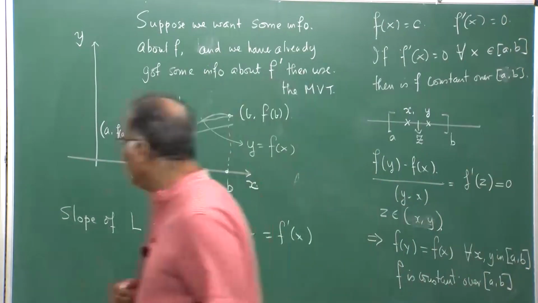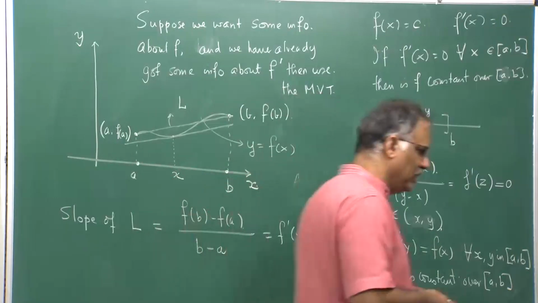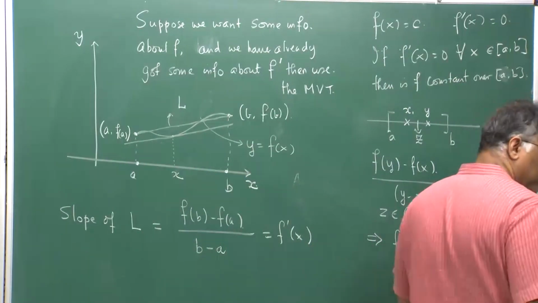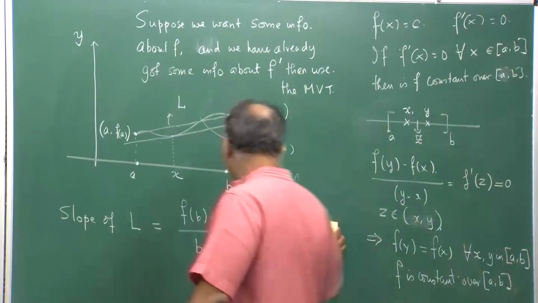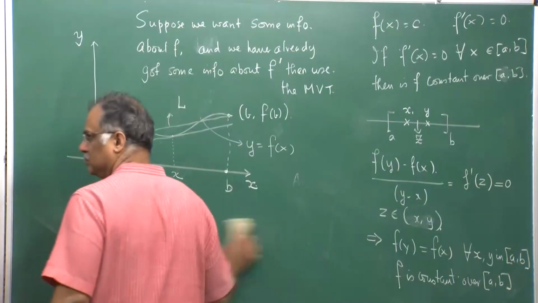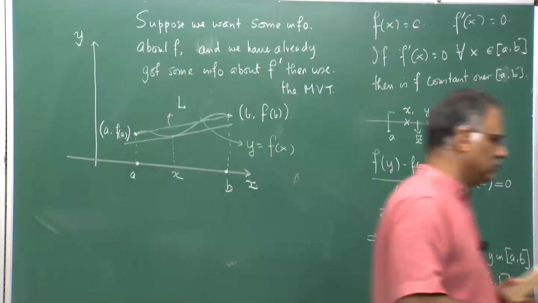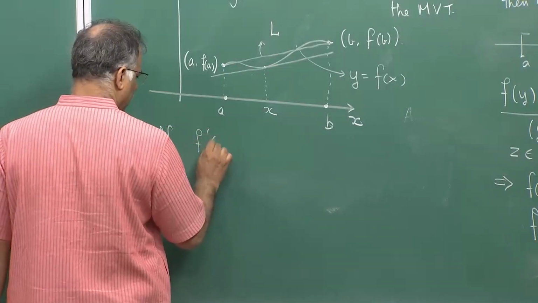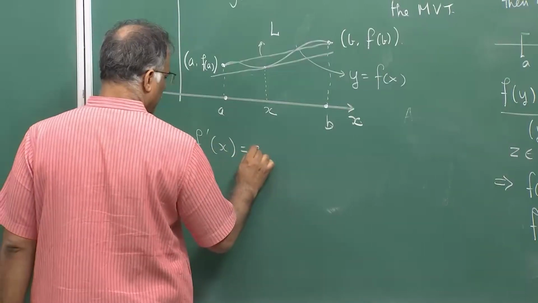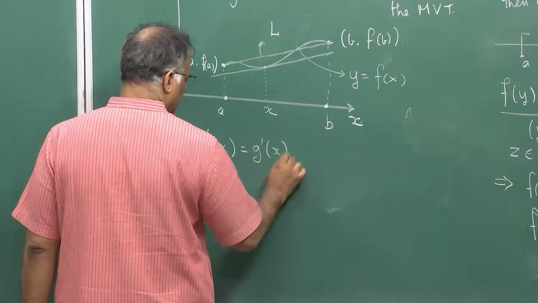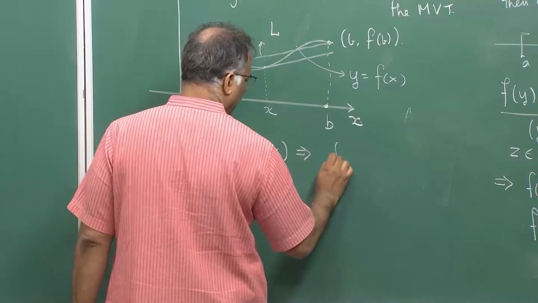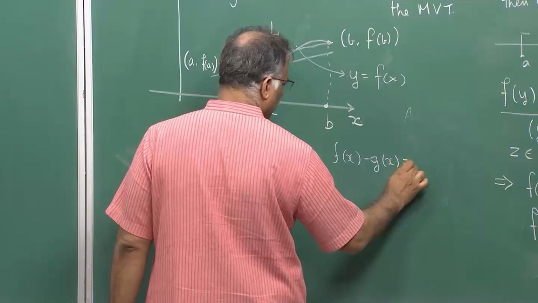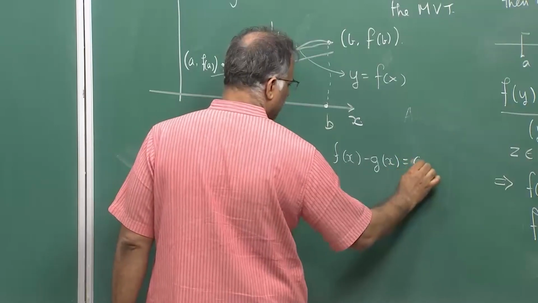Now I will show you another simple application. If f dash x is equal to g dash x, then it implies that f(x) minus g(x) must be equal to a constant.